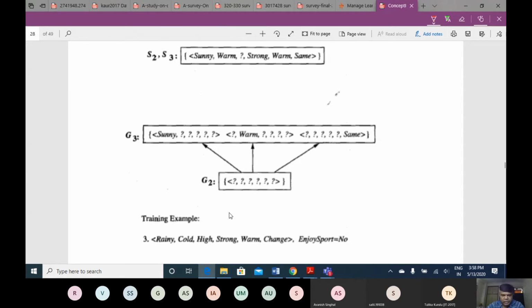Now how do we change the general one? The general one includes everything, but we don't want to include this one. Since we find a negative case, we don't want to include it in the hypothesis.